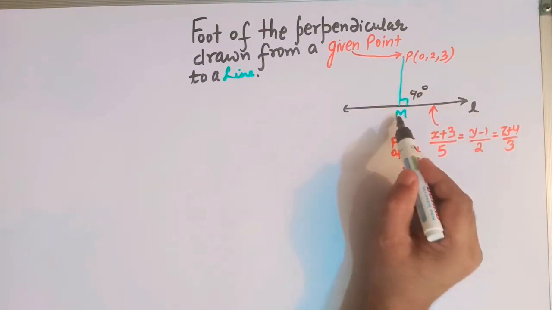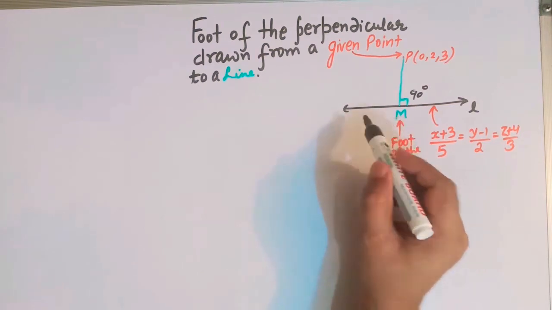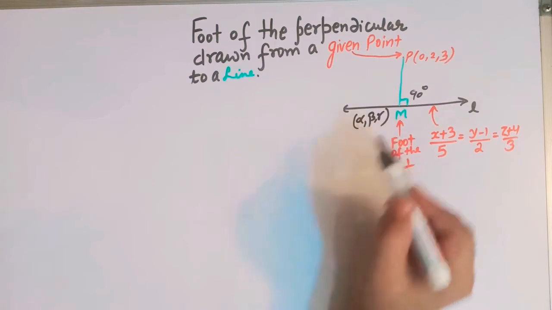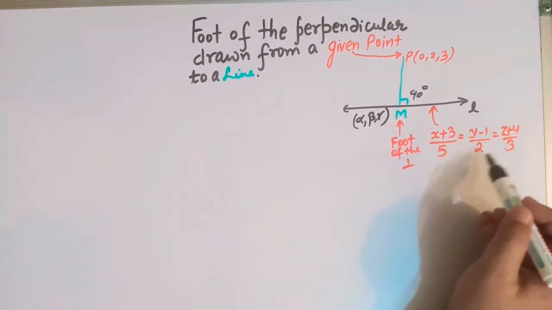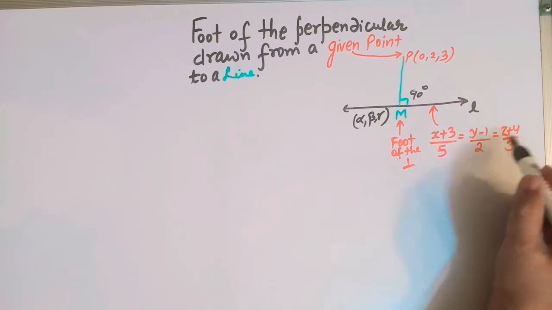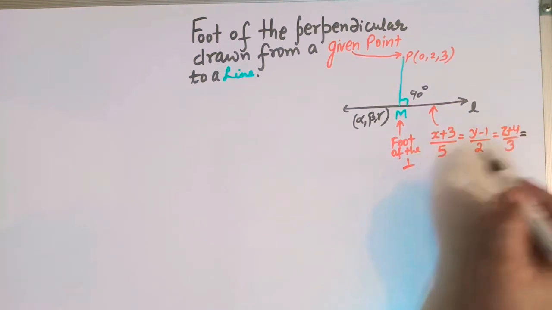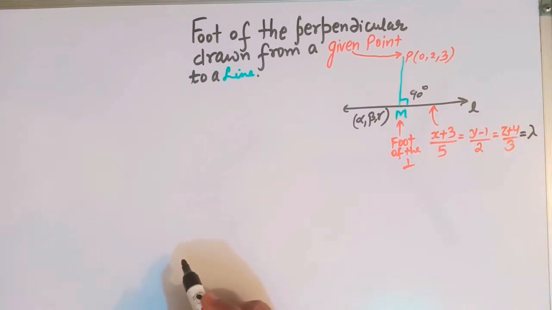Okay, so let us suppose that the coordinates of this point M are alpha, beta and gamma, right? And the equation of the line is given here, and let us take here a scalar lambda, right?